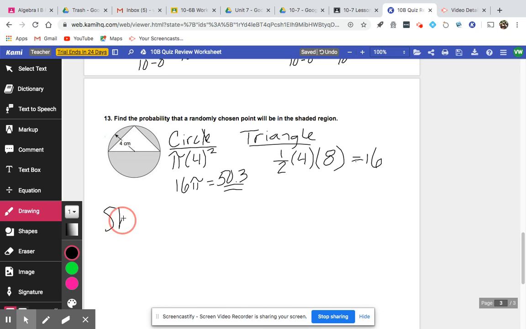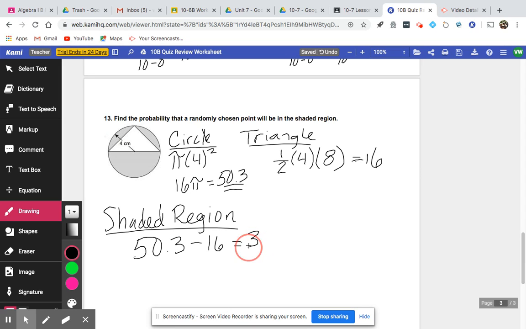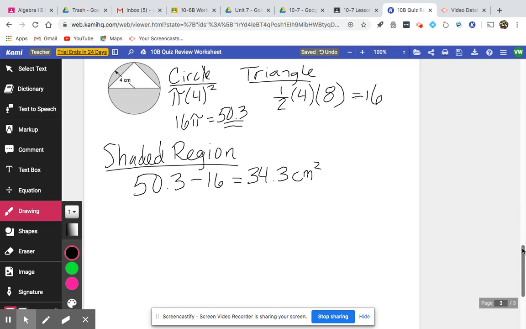To find the area of the shaded region, we subtract them like I mentioned. So we take 50.3 minus 16. Plug that into your calculator, you get 34.3. Go ahead and throw your units on there. 34.3 centimeters squared.